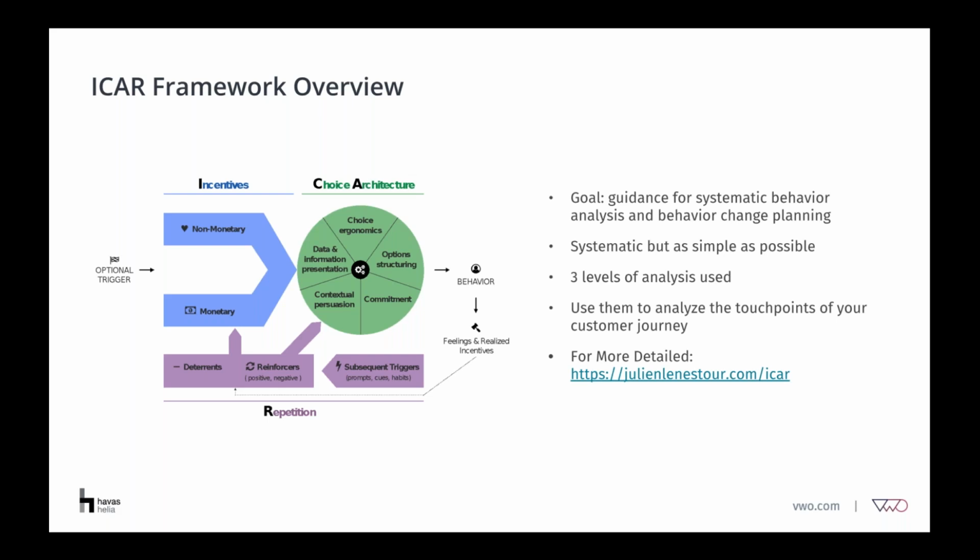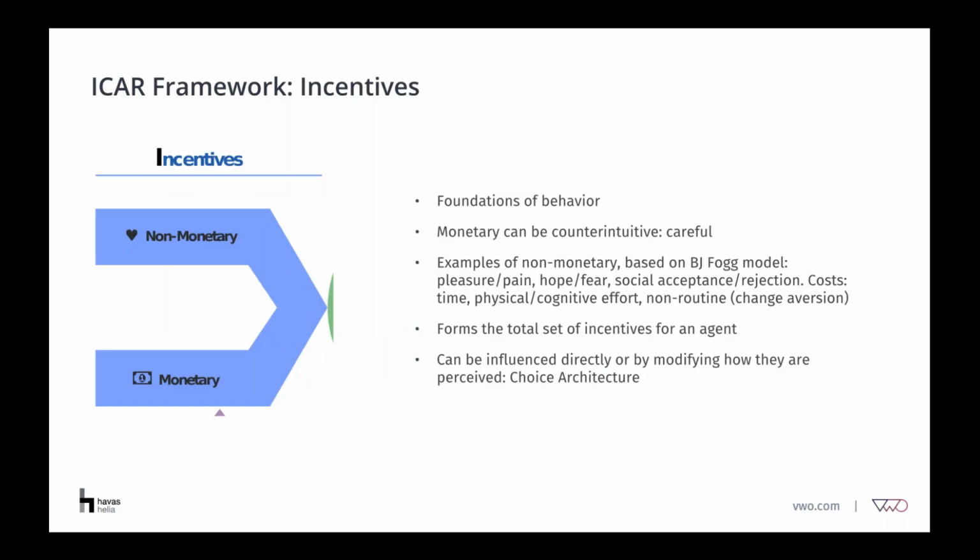So I'm going to spend one slide on incentives, one slide on choice architecture, and skip the slide on repetition, but you will have access to it through the slides of this presentation. So incentives, yes, catching up. Incentives are really the foundations of behavior.